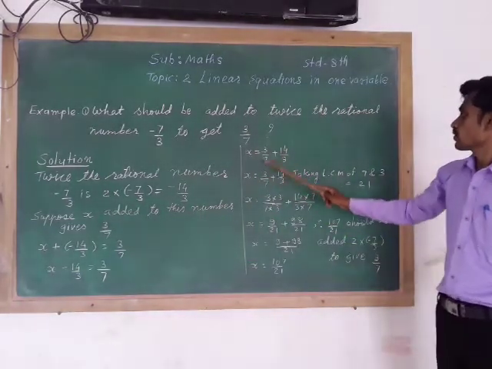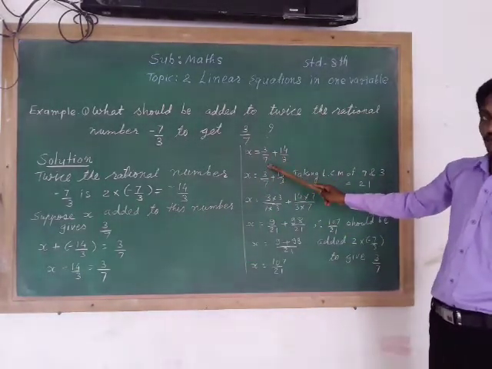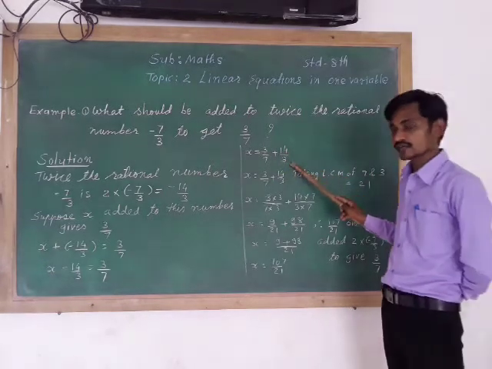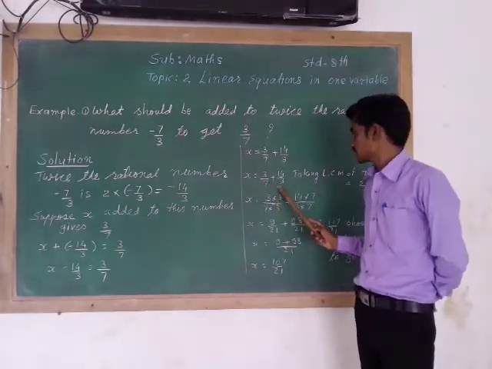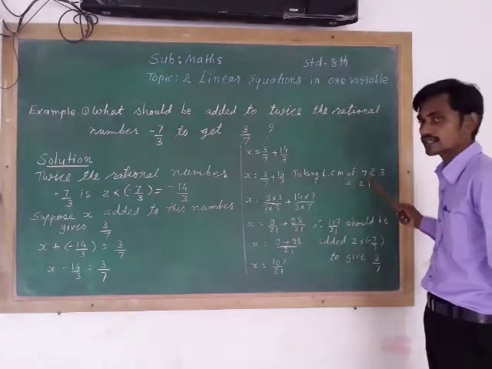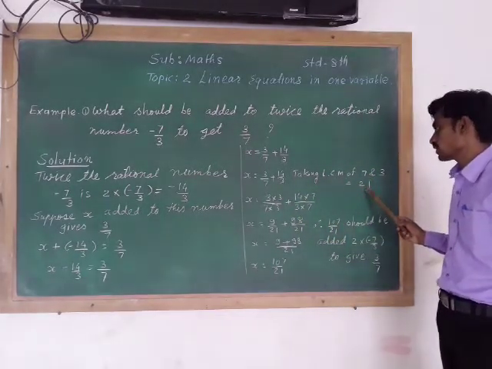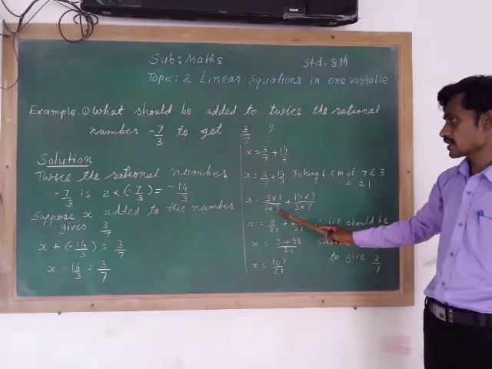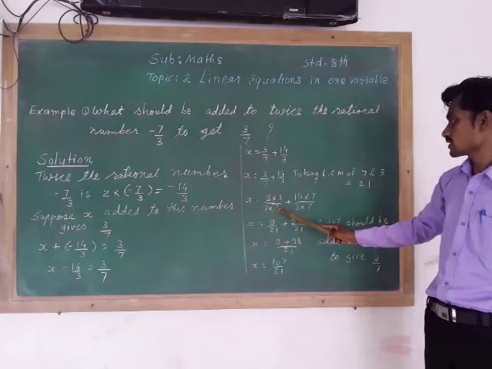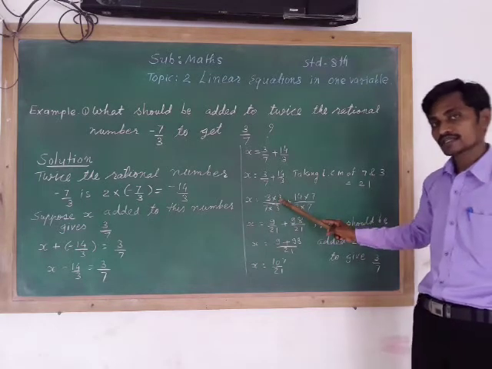Okay, so see here, 3 by 7 plus 14 by 3. Here we have to take the LCM of 7 and 3. The LCM of 7 and 3 is 21. Okay, so x is equal to 3 by 7, which number multiplies with 7 to give 21? 3, so outside also multiply by 3.